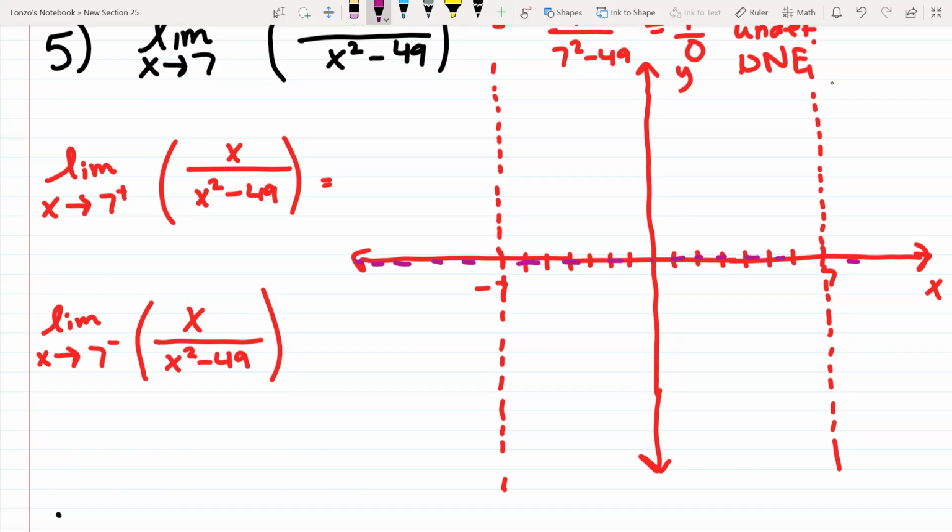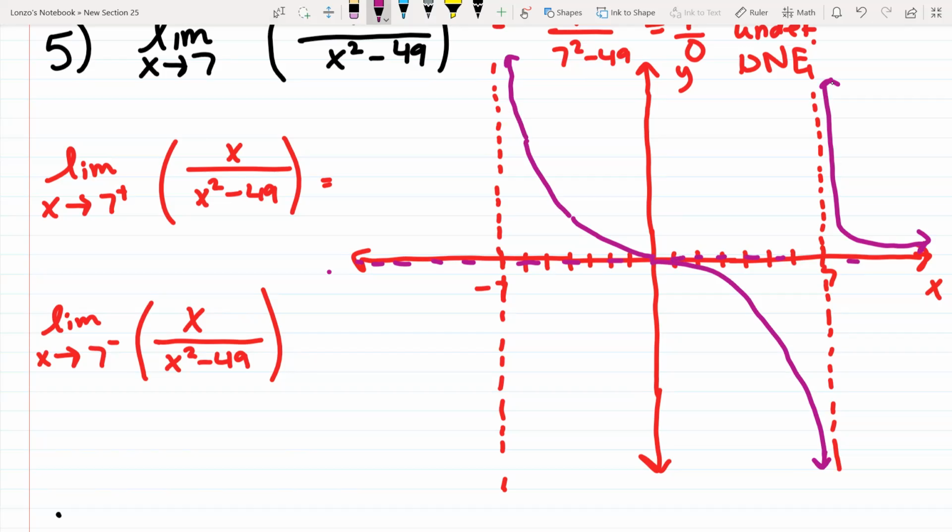Okay, so the right-hand behavior is going to look something like this. And then in the middle section, it's going to look something like this. And then further left, it's going to behave like this.